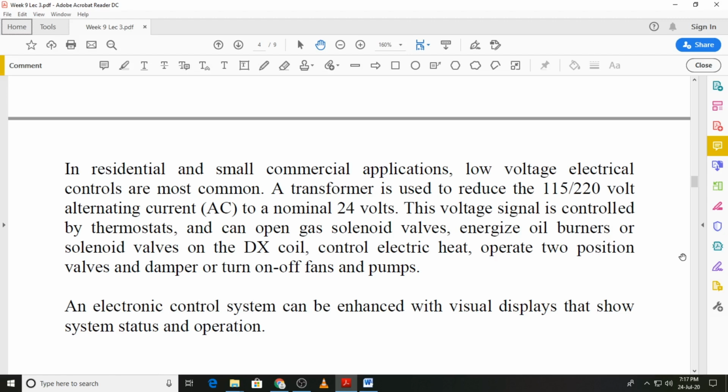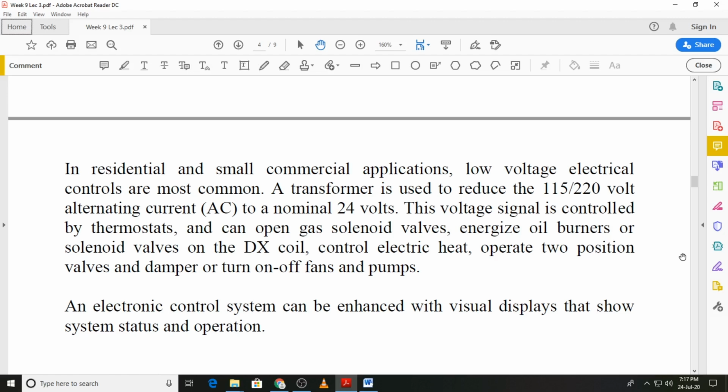But we can also have more complex elements of the HVAC system, which are operated by using electric or electronic control systems, and these include solenoid valves, which can serve multiple purposes. They can energize oil burners, or as we looked at, increase or decrease the flow rates of water through various circuits, and they can also control the electric heating if there is any, operate dampers, and turn on fans, pumps and devices like that.